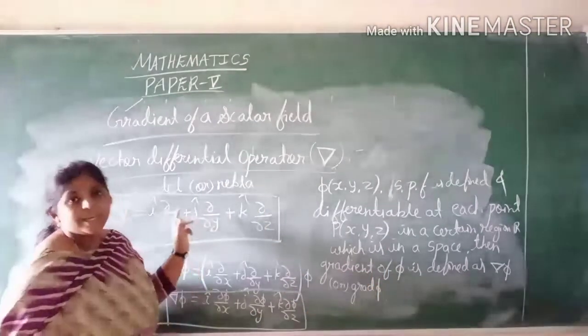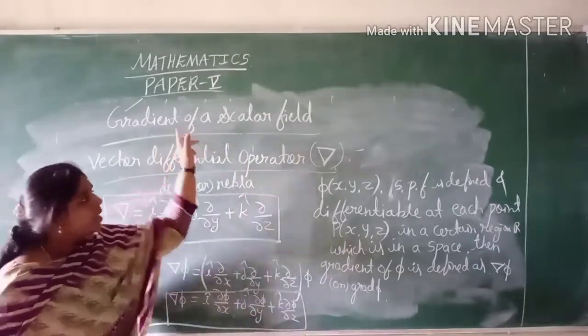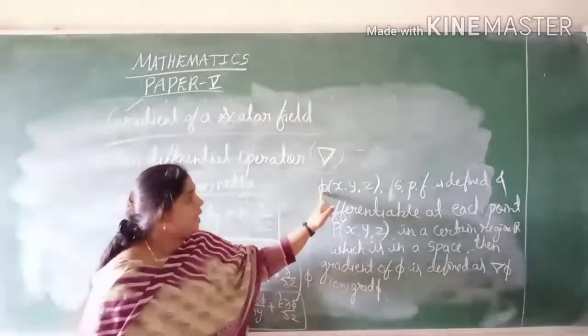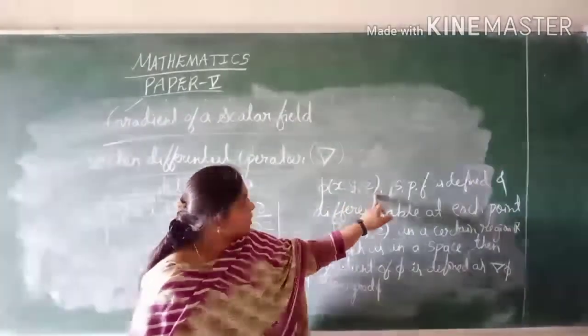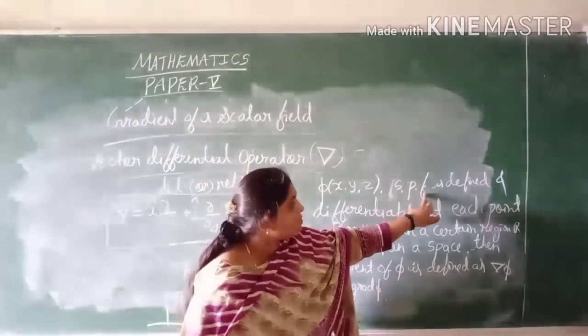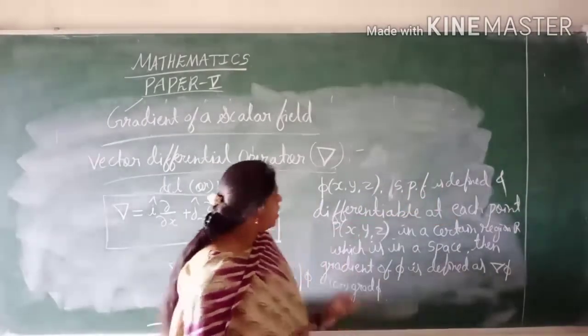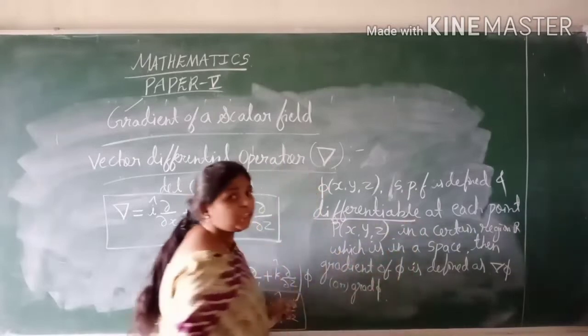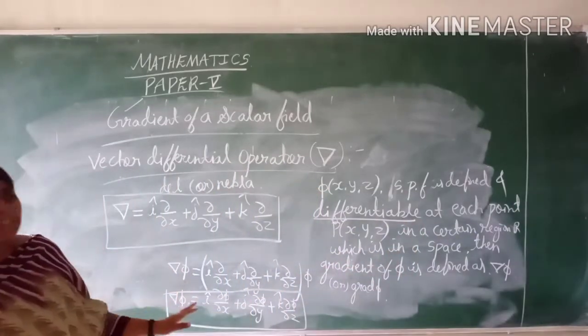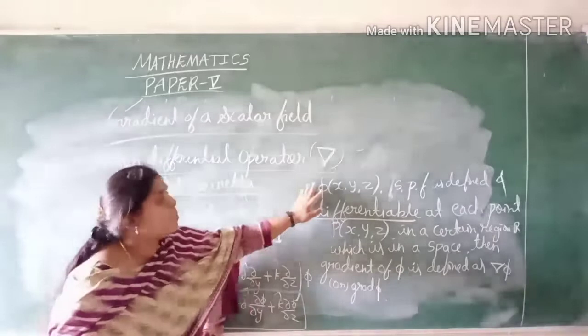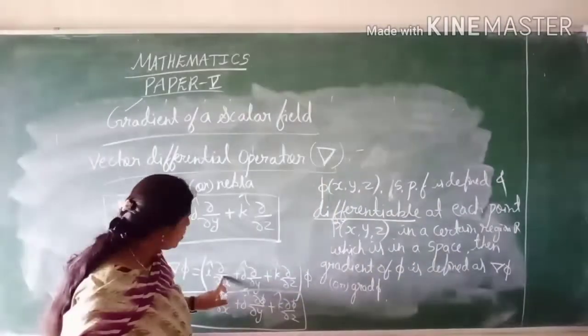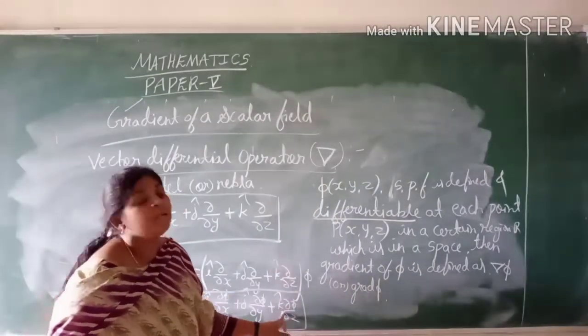Once again, how to define the gradient of a scalar point function? First, we need to define the function. Let phi of x comma y comma z be a scalar point function which is defined and differentiable. Differentiable means we can find the partial derivatives, that is, dou phi by dou x, dou phi by dou y, and dou phi by dou z. Clear?